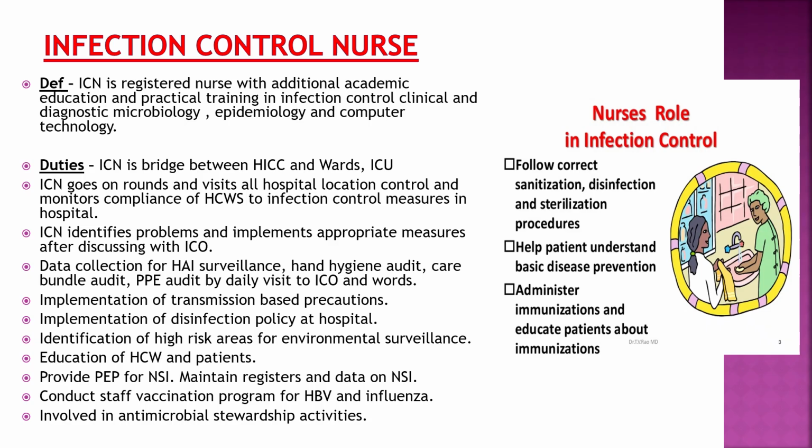They educate healthcare workers and patients, provide post exposure prophylaxis for needle stick injuries, maintain the registers, run the staff vaccination program for hepatitis B virus and influenza, and are involved in antimicrobial stewardship activities. These are the duties of the infection control nurse.